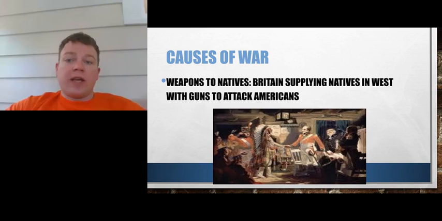When a country doesn't want to get involved in a war, they may supply one side with weapons. The United States does it today. Russia's doing it today. Things like that. So this isn't out of the ordinary, but America was taking offense to this because they were realizing that one of the reasons they could not put down the Native American resistance was they were being supplied with British supplies.